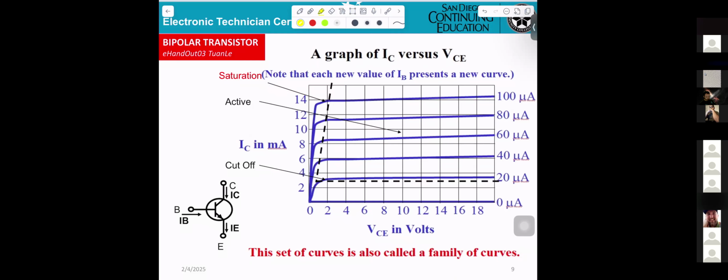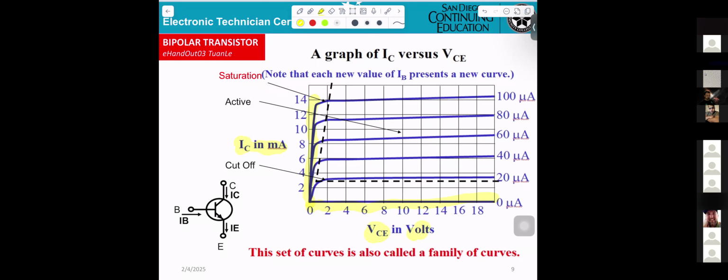Now that one, you can see that it stands for IE in milliamp: 2 milliamp, 6, 8, 10, and so on. And another one here stands for VCE in volt.